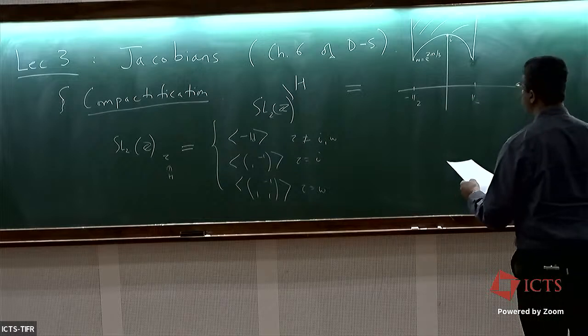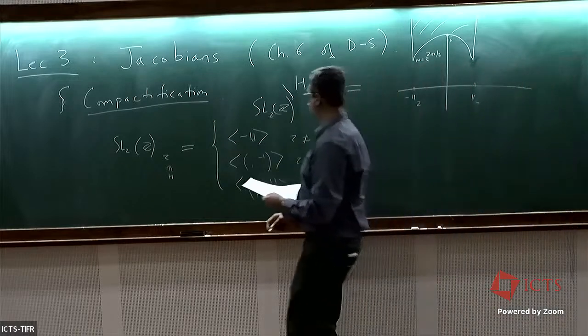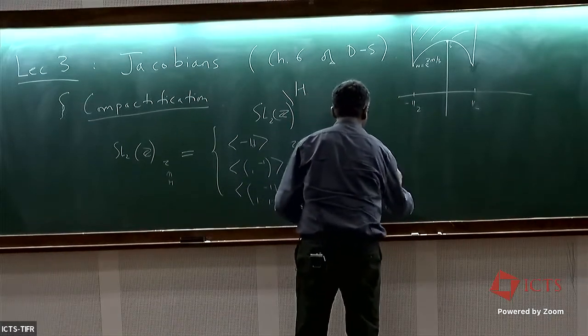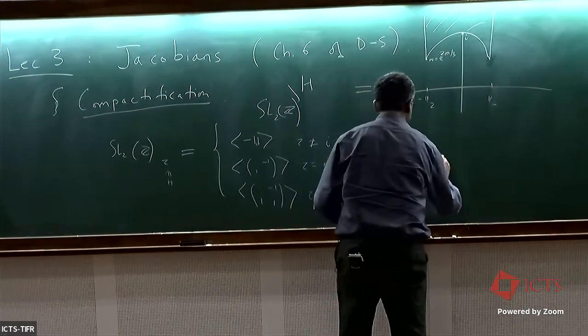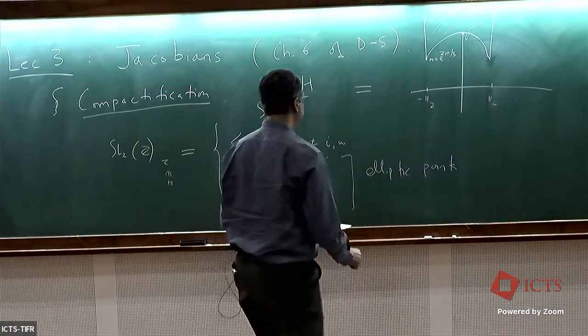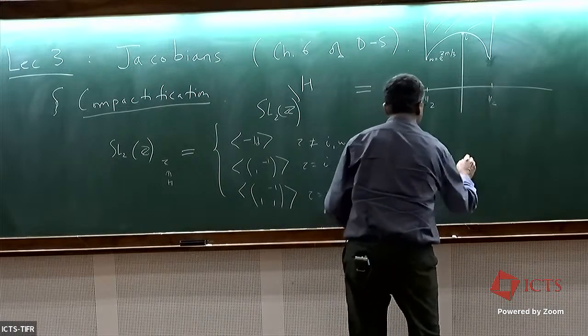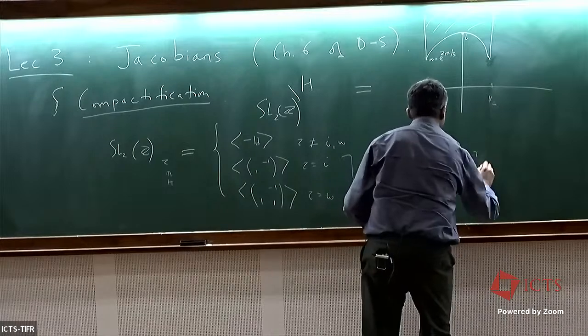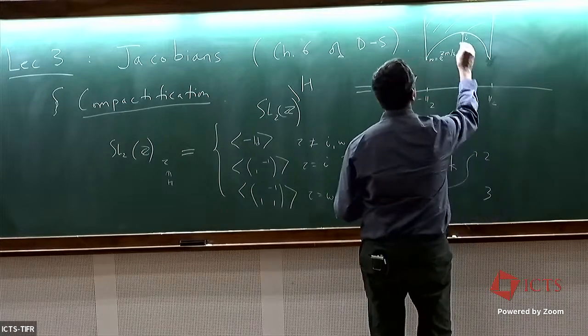So what are the cusps? These are not the elliptic points of order 2 and 3. Elliptic points are points for which the stabilizers in PSL2Z have order more than 1. Two and 3, these are the two elliptic points.